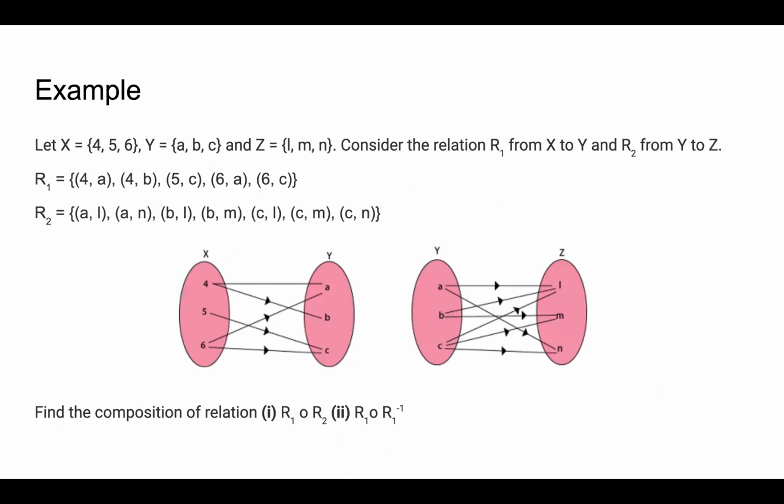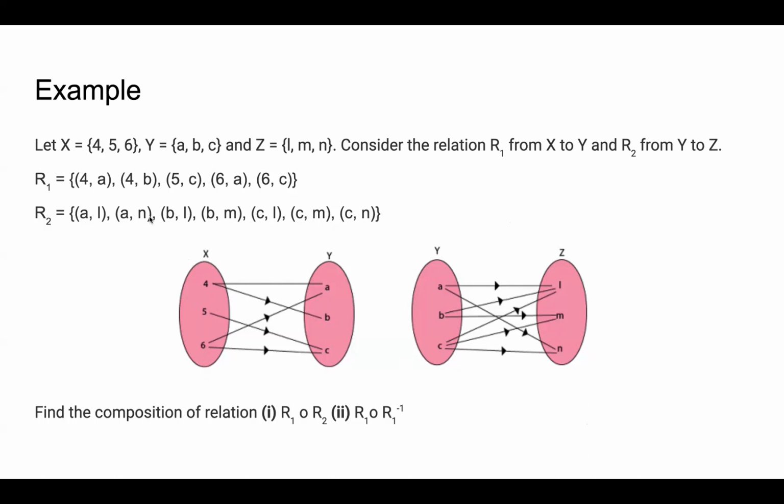Then we saw these examples here, how x to y and y to z are. Then what we have to find is x to z first. From x to y, here it is R1, and y to z, here it is R2. And what we have to do is x to z.